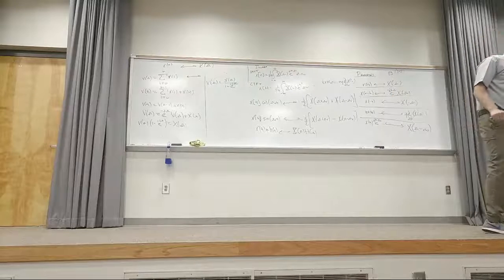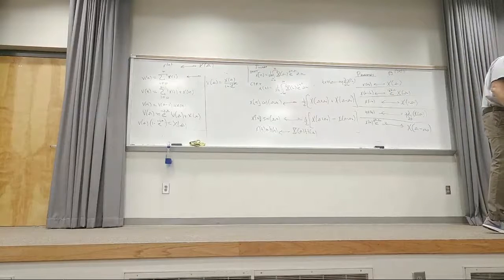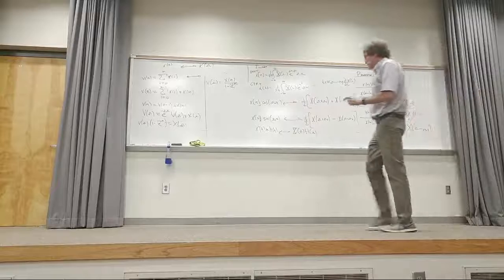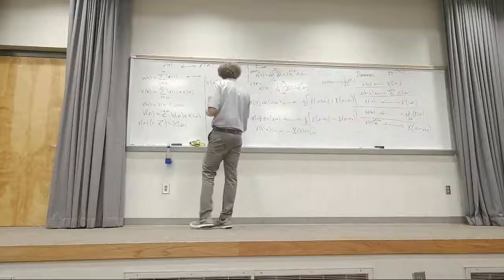But I have to tell you one thing, I don't have time to prove it, we're already out of time as usual. In there, you're also going to get this. You've got to add this to it.